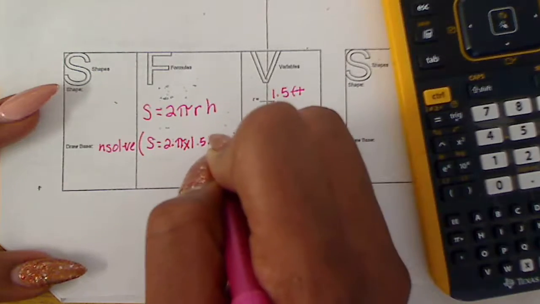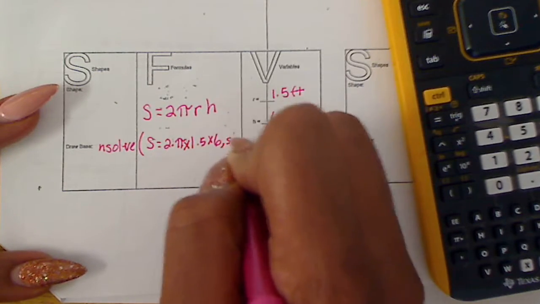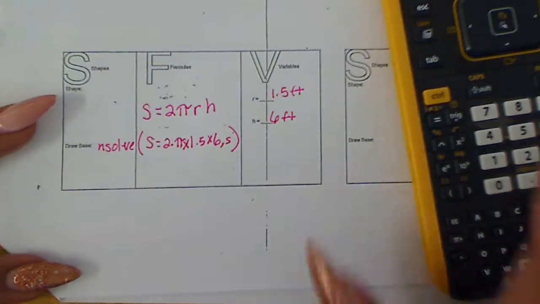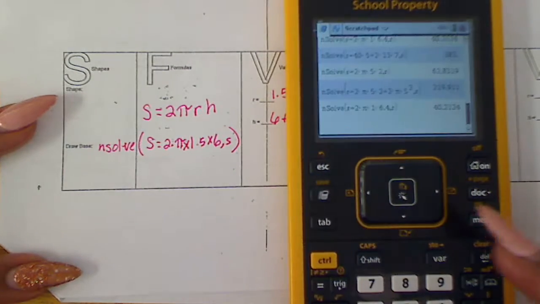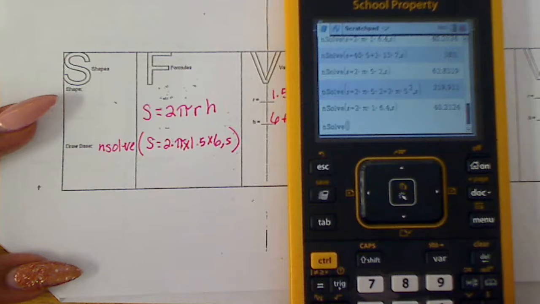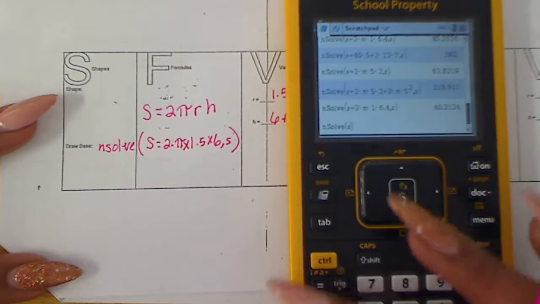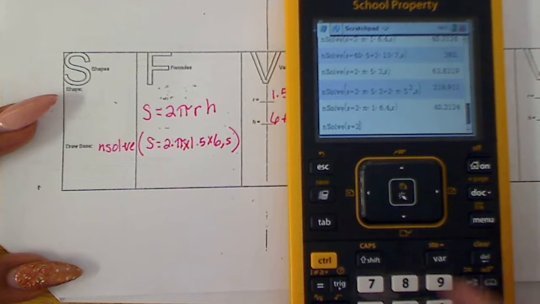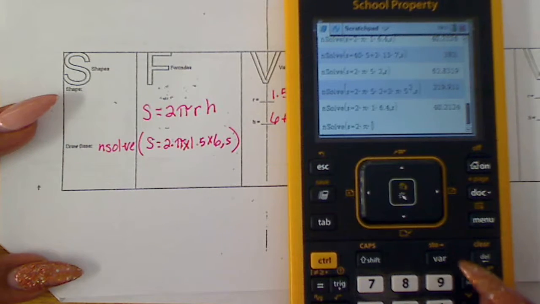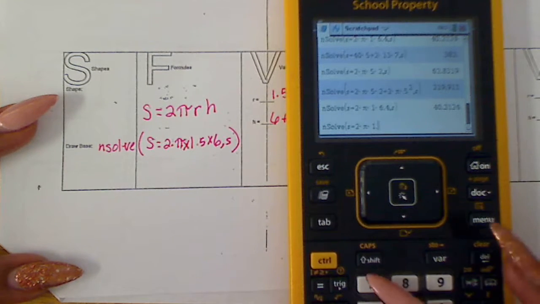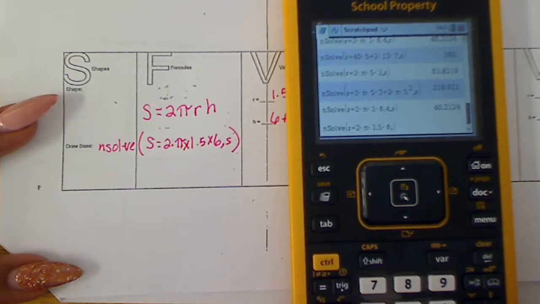And then times the height of 6, comma, s, close the parentheses. Menu 3-1. S equals 2 times pi times 1.5 times 6, comma, s. What's your answer?